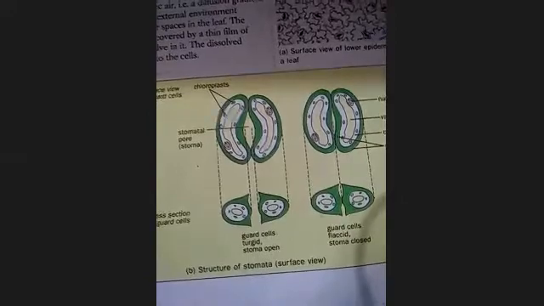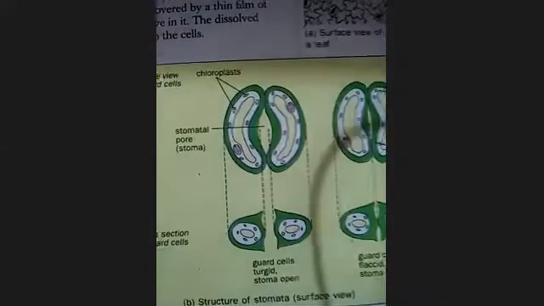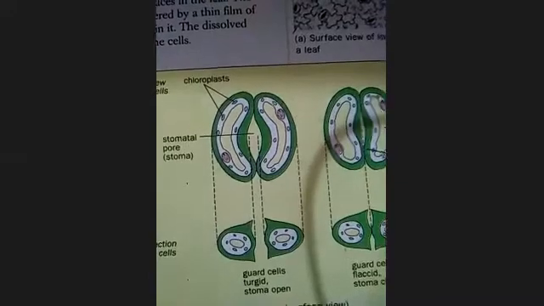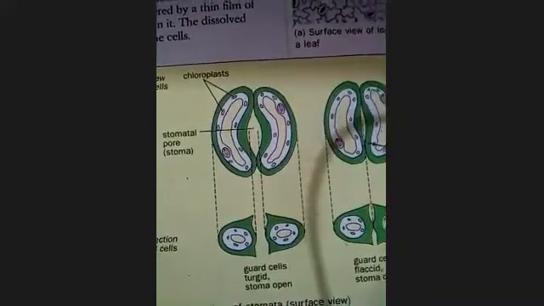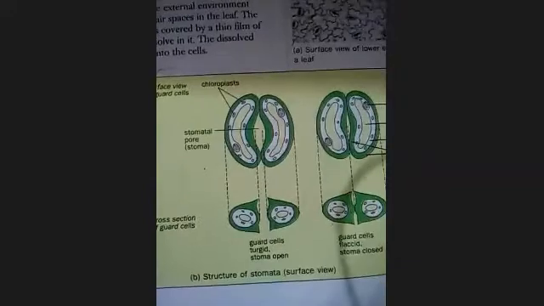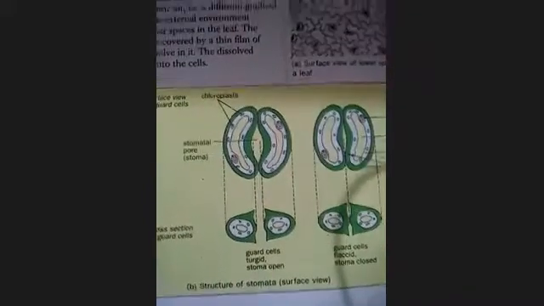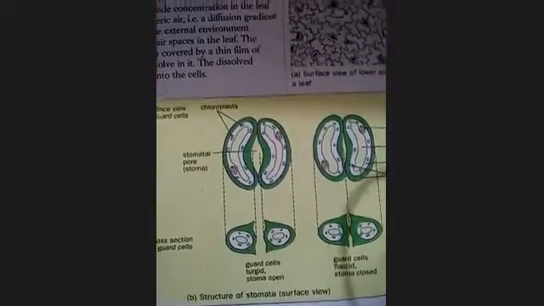The epidermal cells are rectangular or irregular in shape, while these guard cells are bean shaped. Then these guard cells contain chloroplast, while the epidermal cells do not contain chloroplast. And hence the guard cells can take part in photosynthesis, and they can produce sugar.